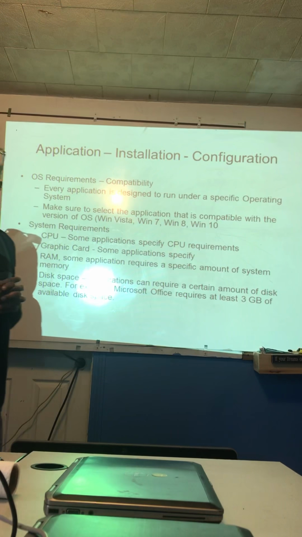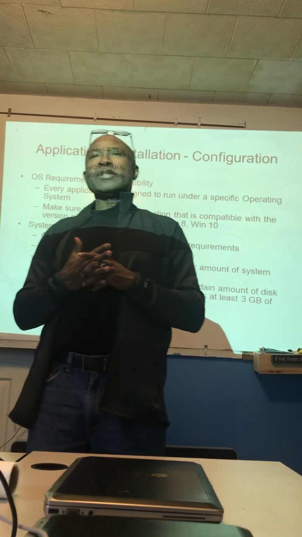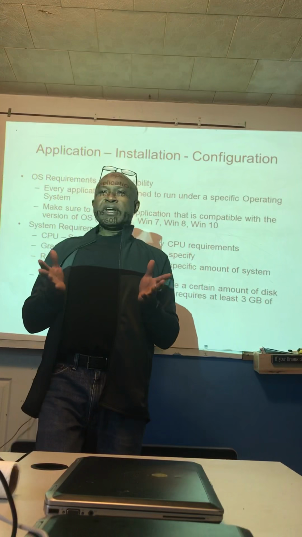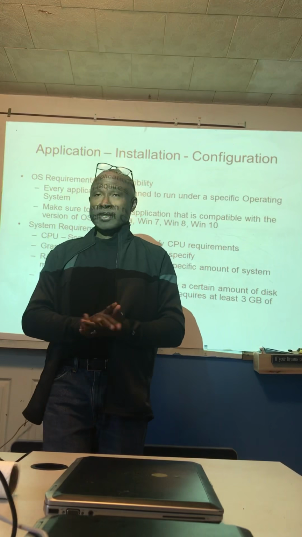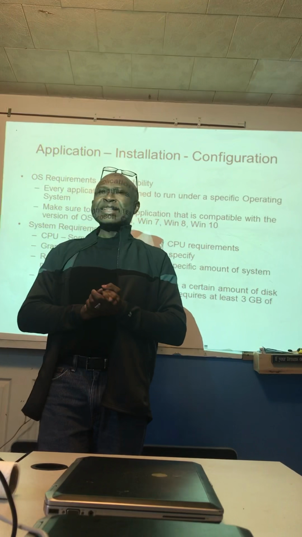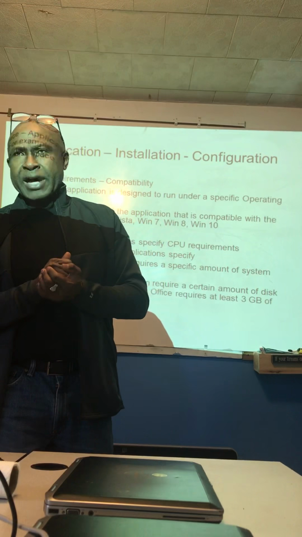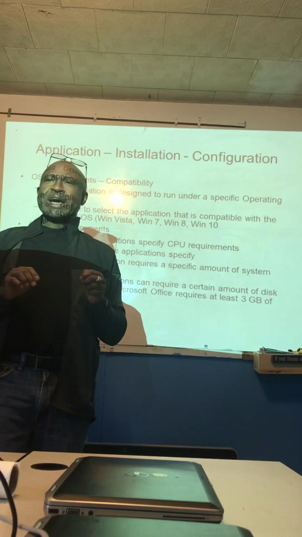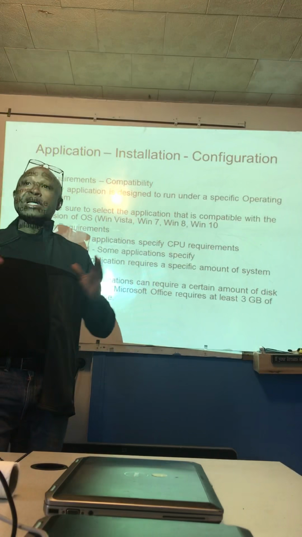Graphic card. Some applications require a specific graphic card. Most of the design applications used by architects or artists require a certain graphic card. If you don't have the graphic card that meets the requirement of that application, it will not work.